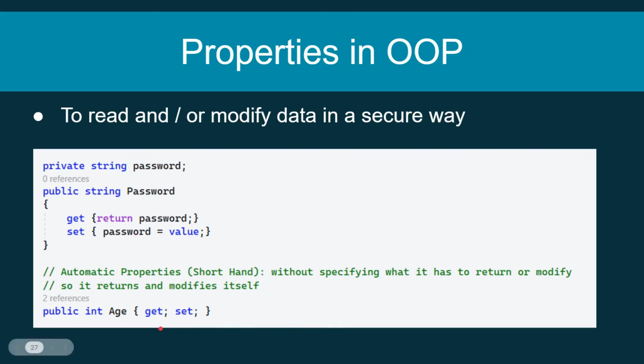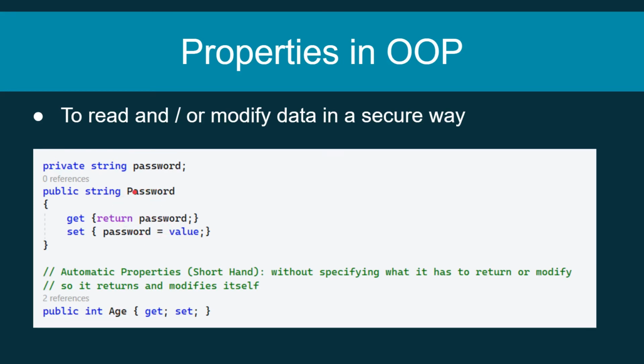And then you have automatic properties, also called shorthand, where in your property you do not specify what it should return and what it has to modify. This is what we call public int Age. So you can change the Age, and you can get the Age. You can directly modify the property itself.